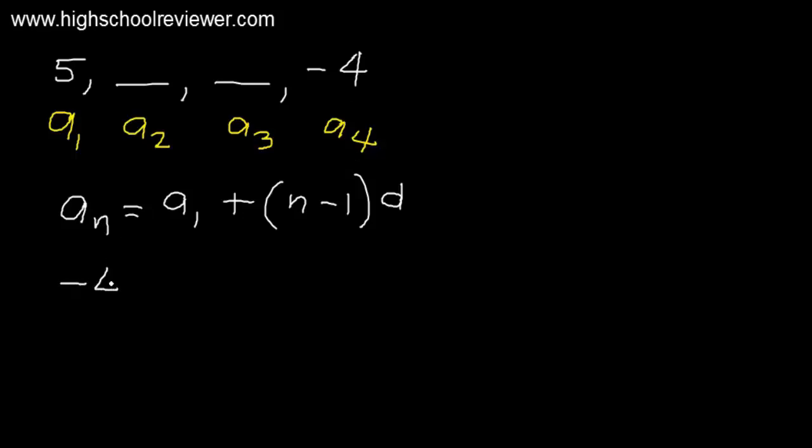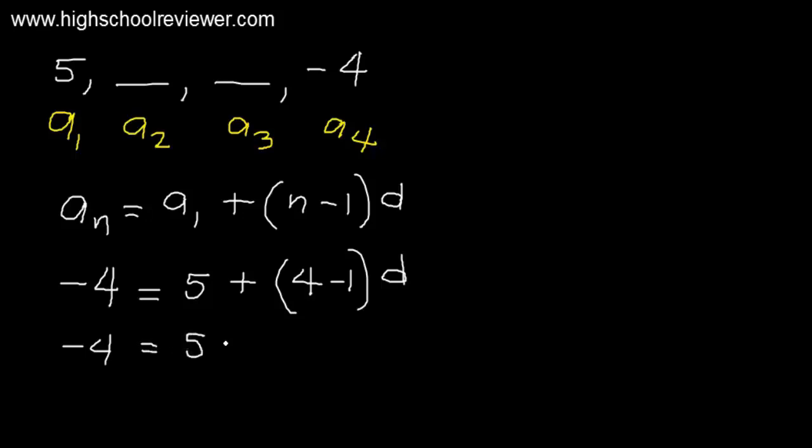So negative 4 equals a sub 1, which is positive 5, plus, since this is the fourth term, our n will be 4 minus 1 multiplied by d. Negative 4 equals 5 plus 4 minus 1, which is 3, multiplied by d, so we have here 3d.